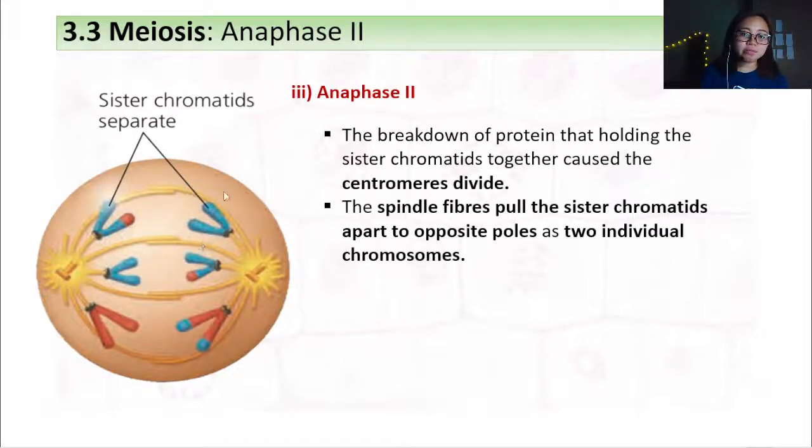Dan bila dia terpisah macam ini, dia dikira sebagai 2 kromosom yang berbeza. Okay, so now this is 1 chromosome, 2, 3, 4, 5, 6 chromosomes. The centromere will move first, just like in all anaphase.